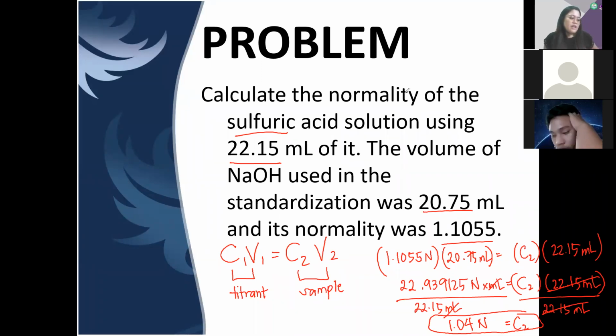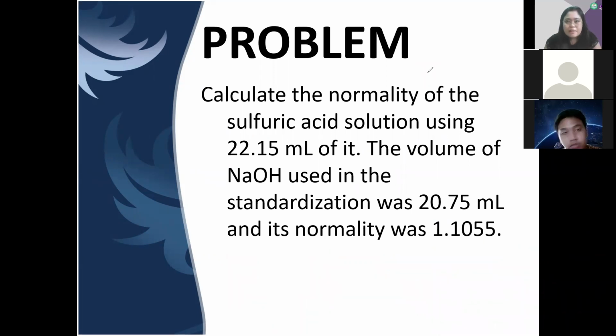So I suggest you try doing that in an index card or in your room. You may like stick notes in your wall for you to be reminded always with all the formulas in the world. Kasi it's a scam to say that pharma doesn't have mathematics. Daghan kitag math. Pati concentrations at mga solutions, it will be our problem.